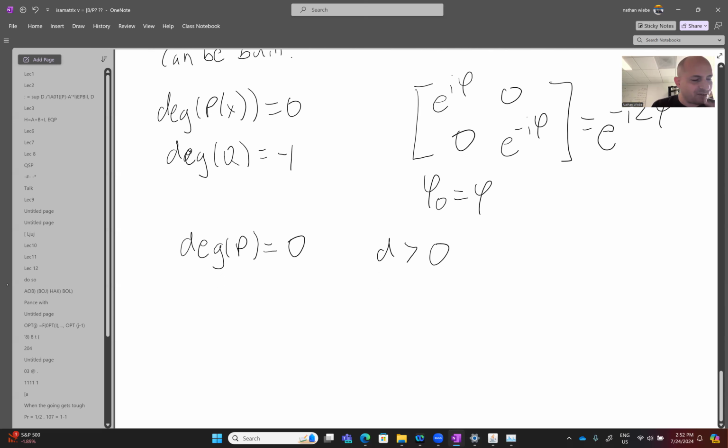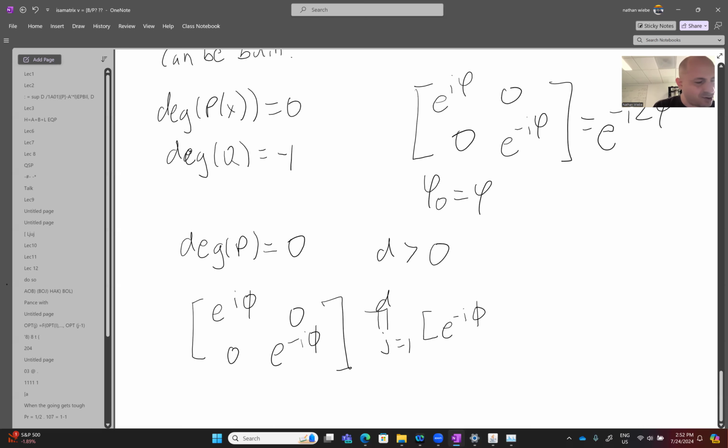Well, we can do this using the following observation. Let's build this to be e to the i phi 0, 0, e to the minus i phi, which is our target that we want to build. And now the remaining junk that we have from the d operations is going to be of this form: e to the negative i phi_j z, O dagger over here.